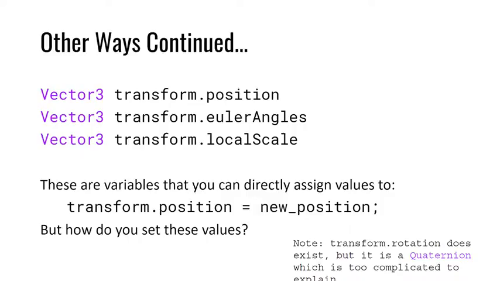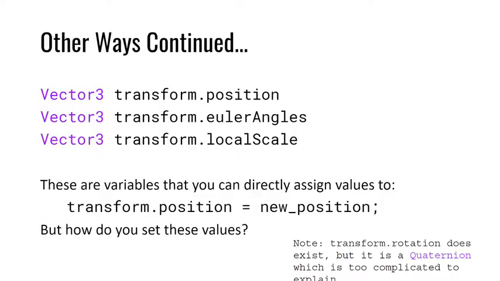This is one of the only ways to actually modify scale in the code, because there's no change scale method. There's also transform.rotation, but that returns a quaternion, and that's really hard to explain. It's basically like complex numbers in a 4D space, and it's really hard to visualize.